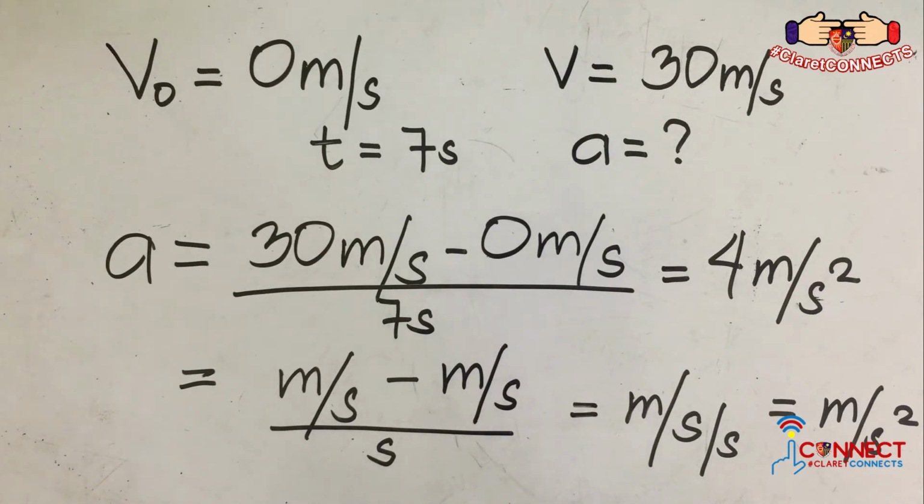But if it decreases its velocity, then that object is decelerating. But it's still considered as acceleration, with the acceleration in the opposite direction. That's why it is decreasing.